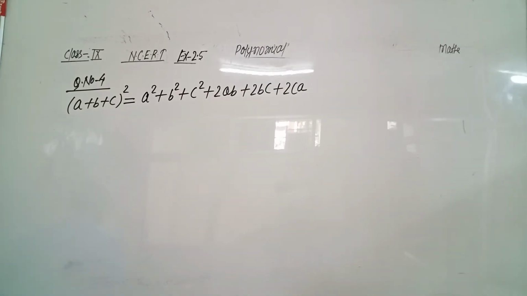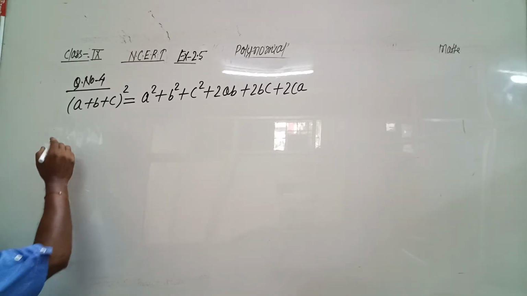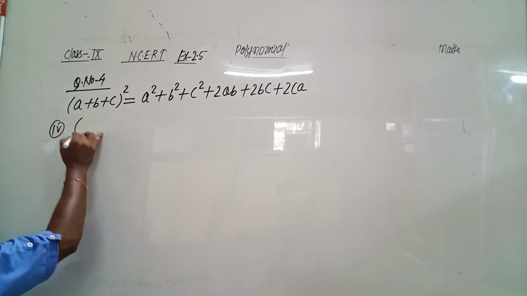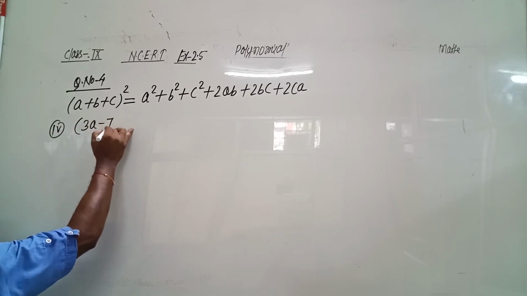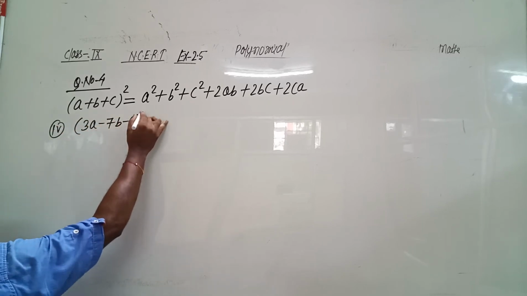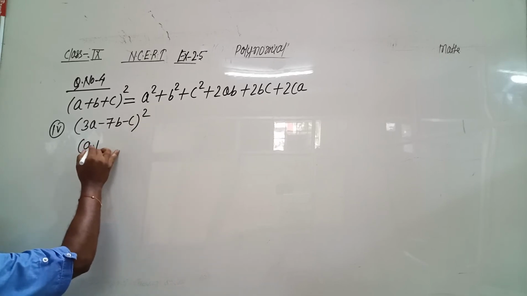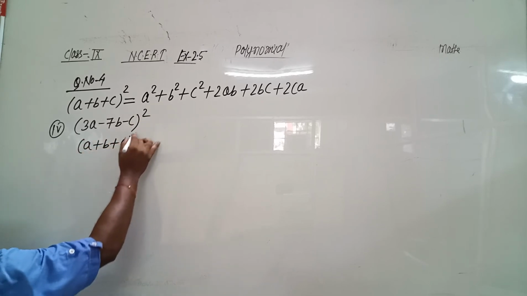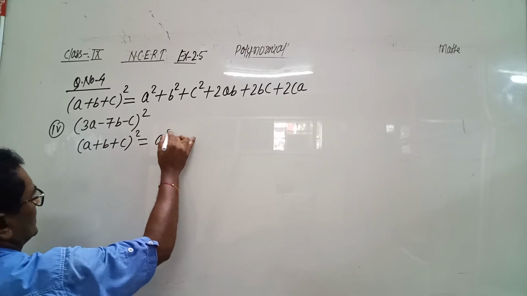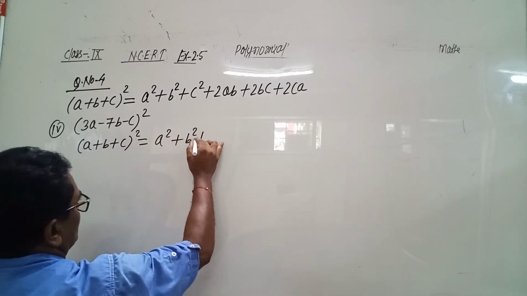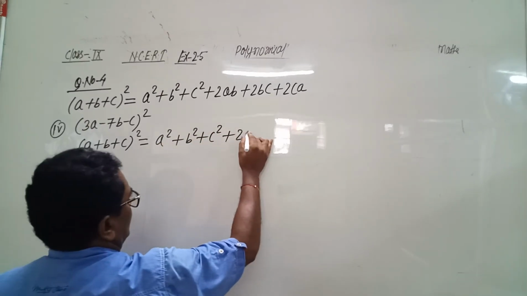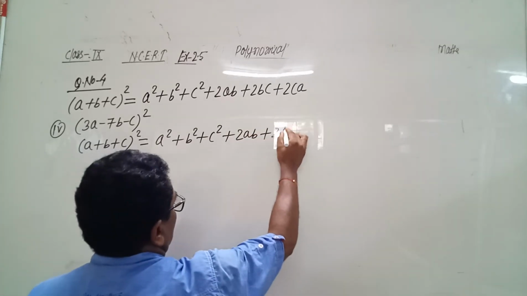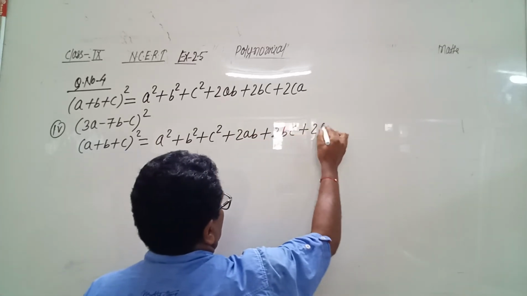The fourth part of this question: 3a minus 7b minus c the whole square. We use the formula a plus b plus c the whole square equals a square plus b square plus c square plus 2ab plus 2bc and plus 2ca.